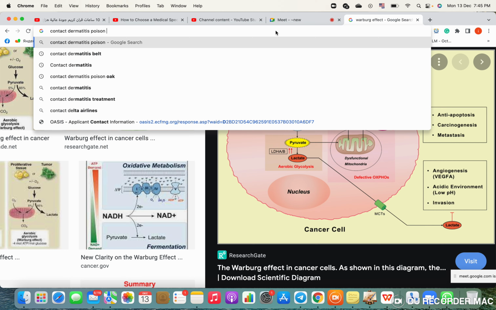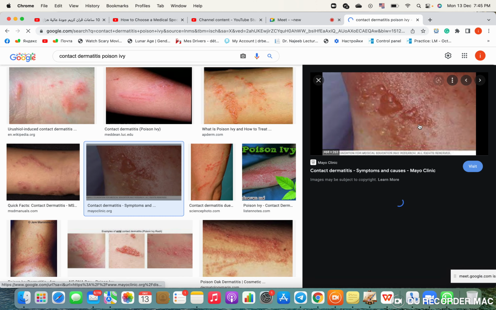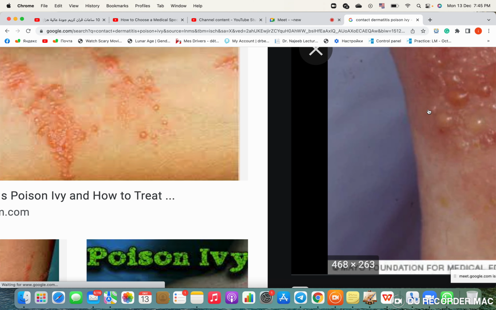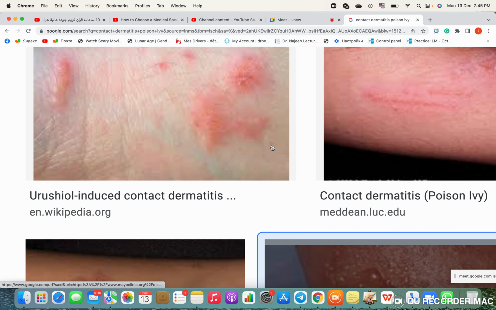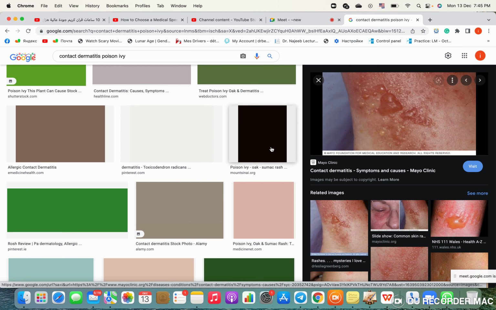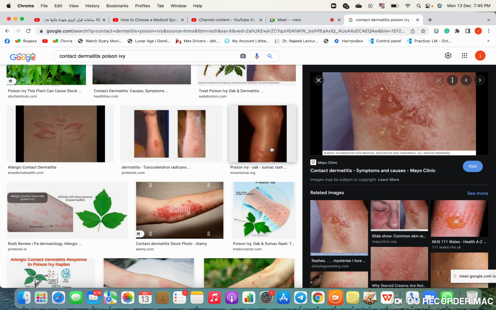And after being exposed to the poison ivy, he had these vesicles in his hand. Which type of hypersensitivity is it? It's a type 4 hypersensitivity reaction. Excellent. Okay, the other example, a child eating nuts and then he gets angioedema of his face, rash, he's itching.